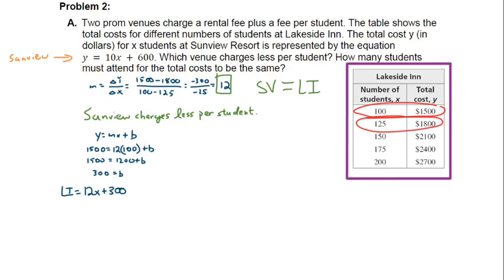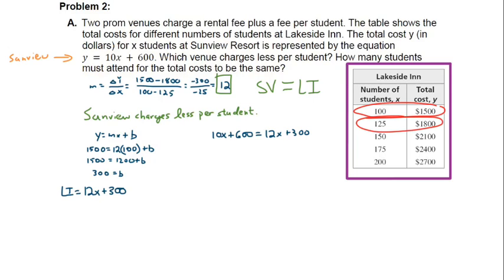Okay, so here we go. To set these equal to each other, we're going to go Sunview. That equation was 10x plus 600 equals Lakeside Inn, 12x plus 300.